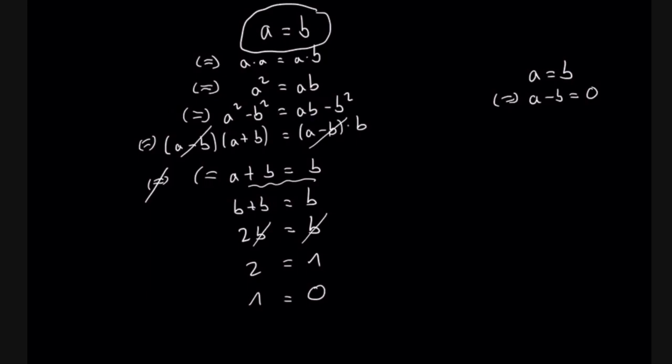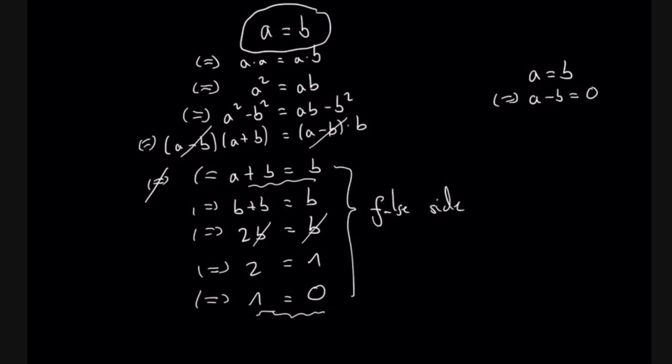But yeah, so we know that this is false, right? So this is all equivalent here. But here we are on the false side, or if you want to say, the dark side. And here everything is nice.